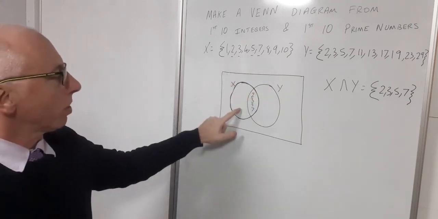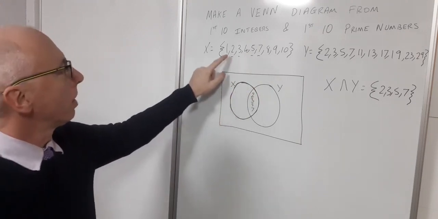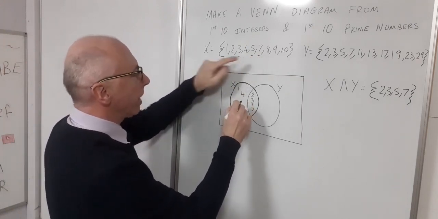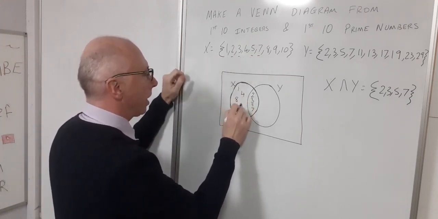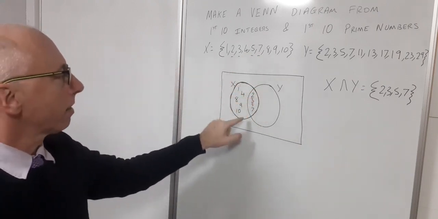The remaining ones need to go in this outer part of the circle, basically the bigger part. So now we've got 1, 4, 8, 9 and 10. So that completes set X.